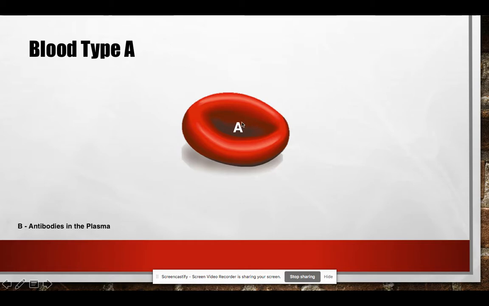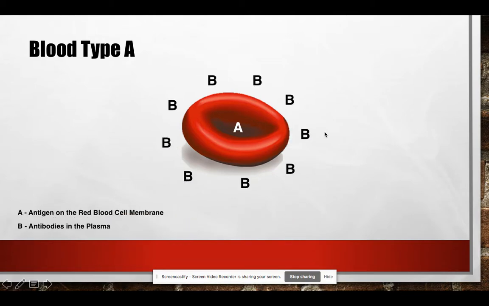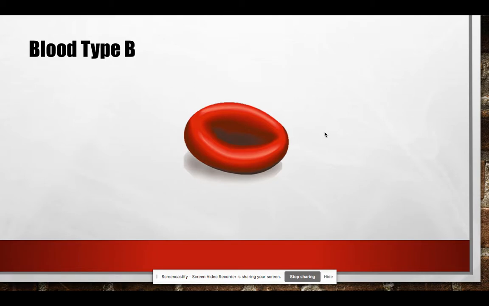So if I have A antigens, that means that I must have B antibodies. Similarly, if I have blood type B, I have B antigens, and that means that I have the opposite. I have A antibodies swimming around in my plasma.